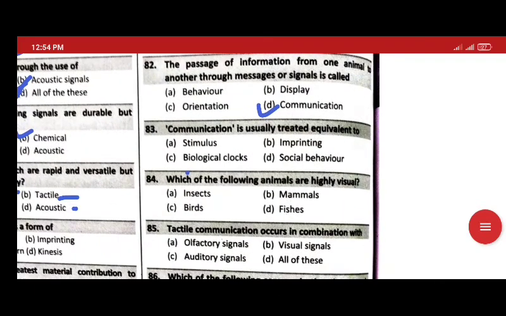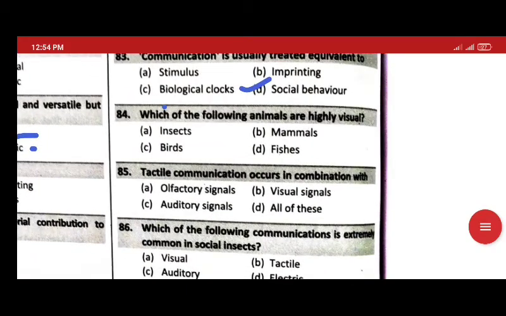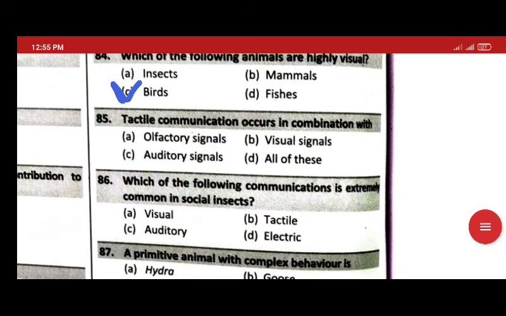So communication is usually treated as equivalent to. So in communication we show what? Social behavior. Which of the following animals are highly visual? So birds are highly visual. So C number. Tactile communication occurs in combination with. So tactile is like hair type.